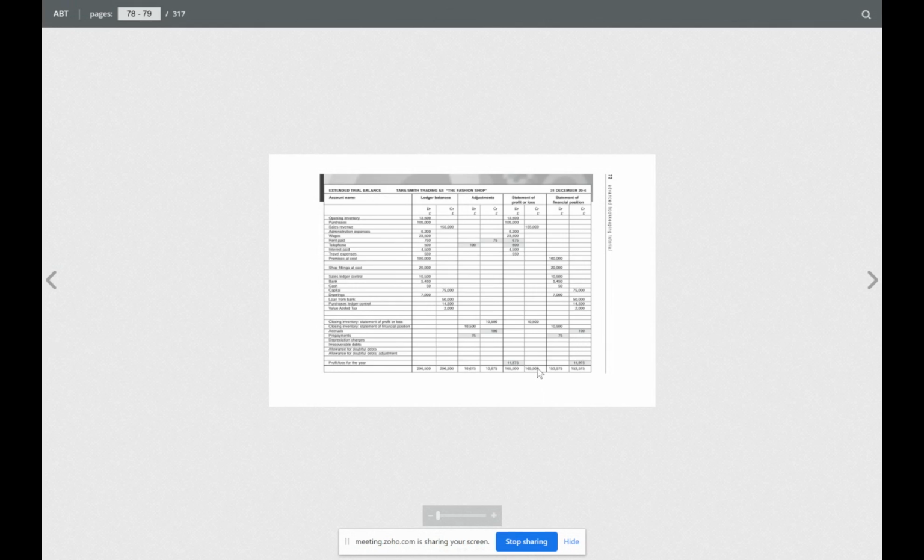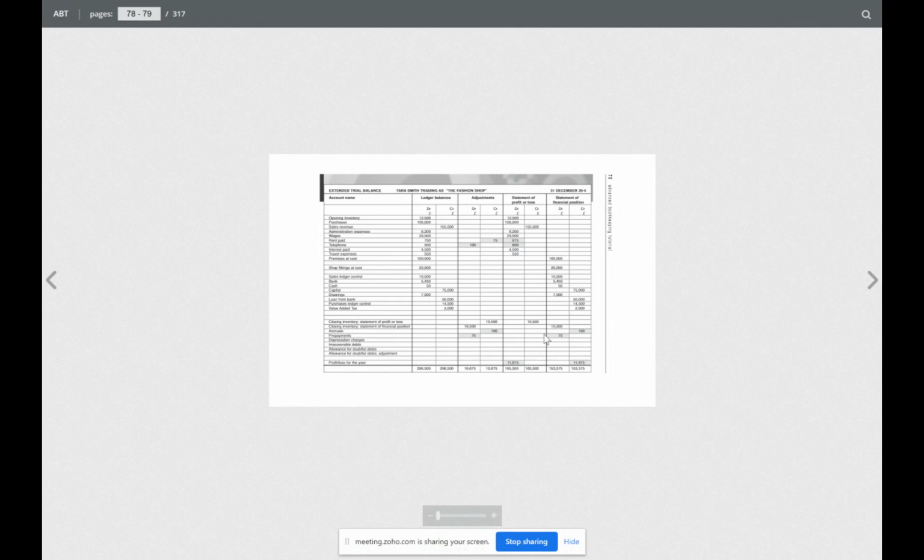The rest is the same. So I repeat the process of how we made the extended trial balance. We copied the trial balance here. Then we did adjustments. Then we noted that all these totals were matching, debit and credit matching. Then we calculated the profit or loss from these two columns. Credit side was showing income, so we put the balance on the shorter side.